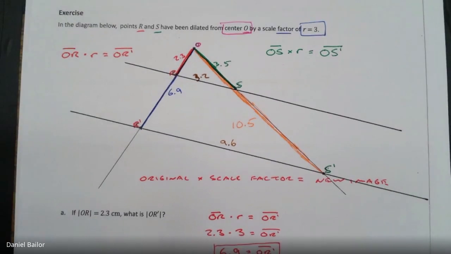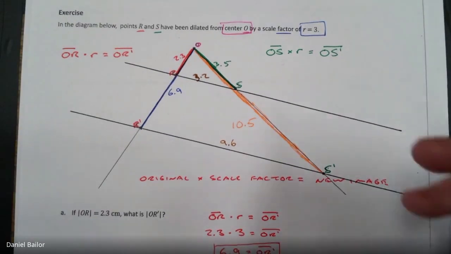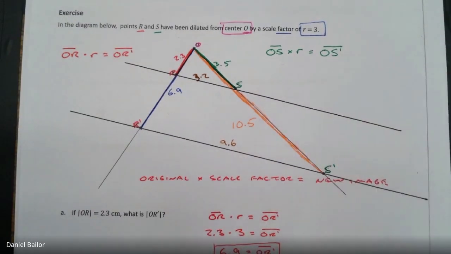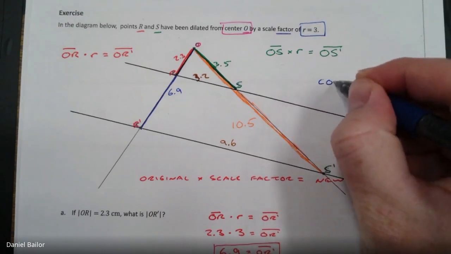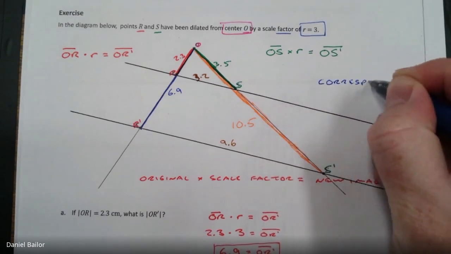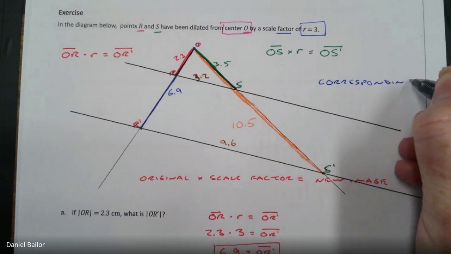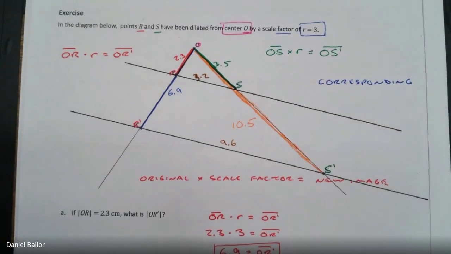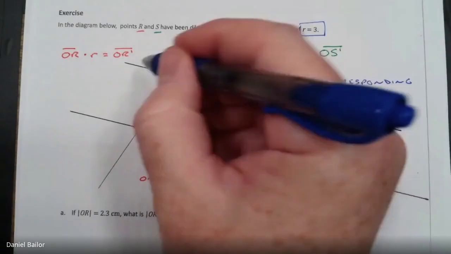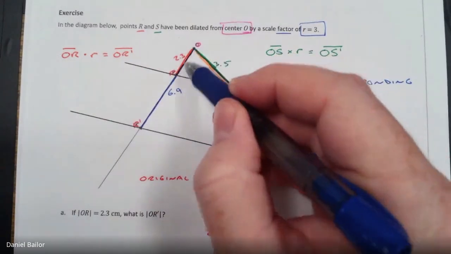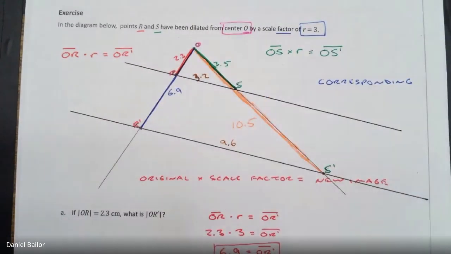Because in Module 2, you learned about corresponding angles. And now we have parallel lines. Remember, our black lines are parallel, and we have a transversal. So we have corresponding angles.